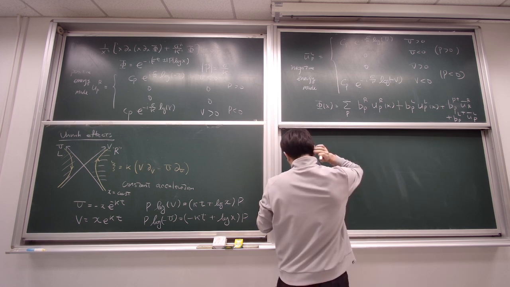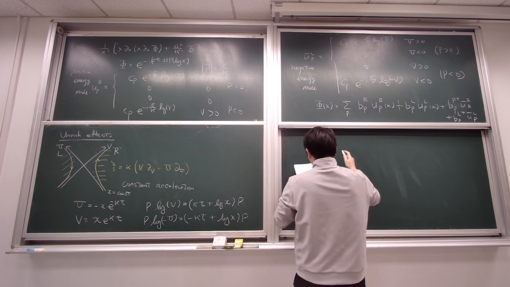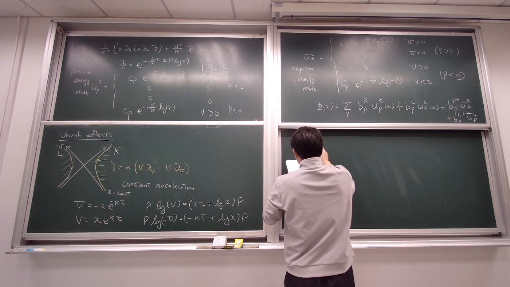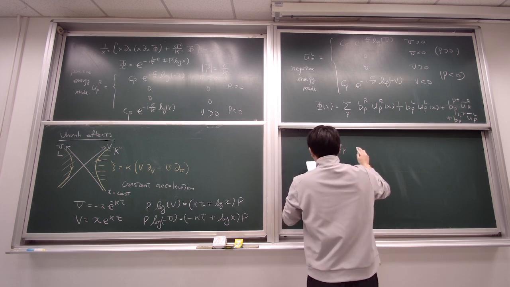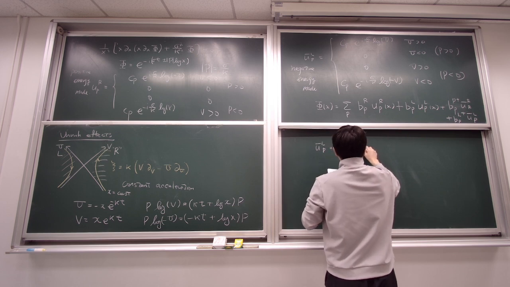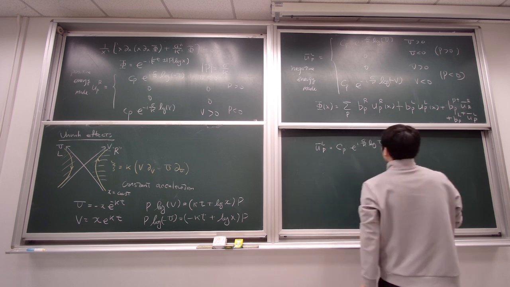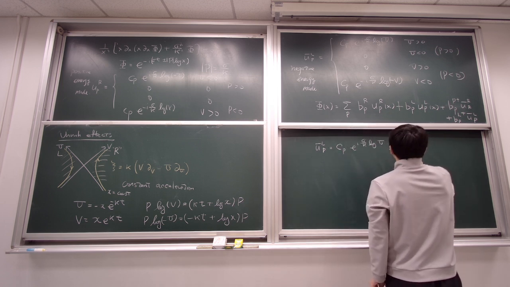On the other hand, we can construct it in such a way that, note that this U bar L or P can be written this way: e to the i sigma over kappa log U. Then let me do the trick.